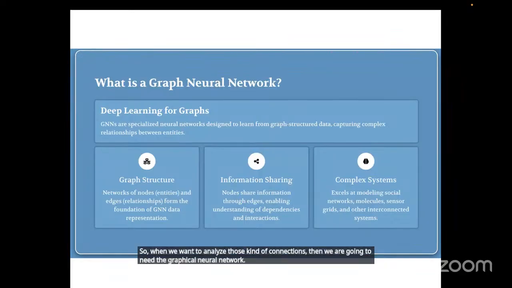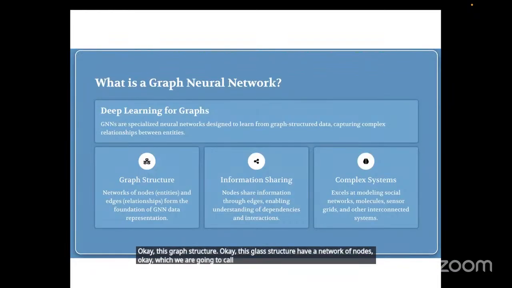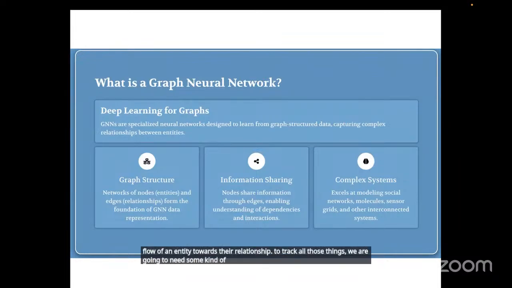This graph structure has a network of nodes, which we are going to call the entities, and there are edges, which we are going to call the edges. From the foundation of the GNN data representation, we are able to find out the flow of entities towards their relationships. To track all those things, we need some kind of format or structure.